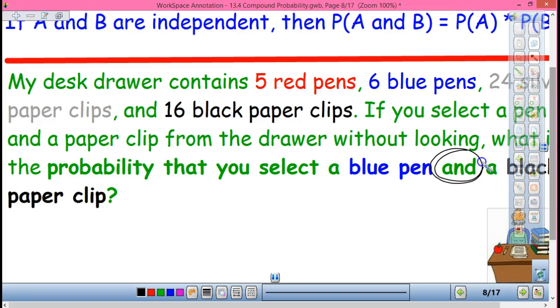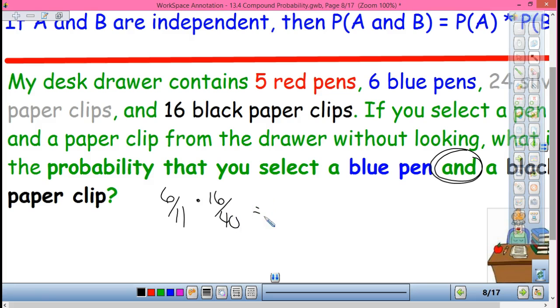So if I'm using and, multiply or add? Multiply. So, probability of selecting a blue pen. How many? 11. I've got 11 pens, right? Times black paper clips. 16 out of how many paper clips do I have? 40.